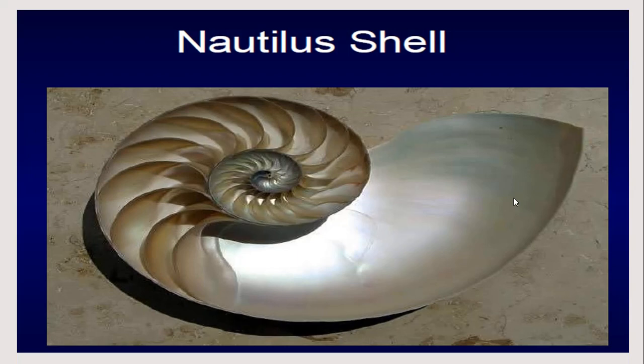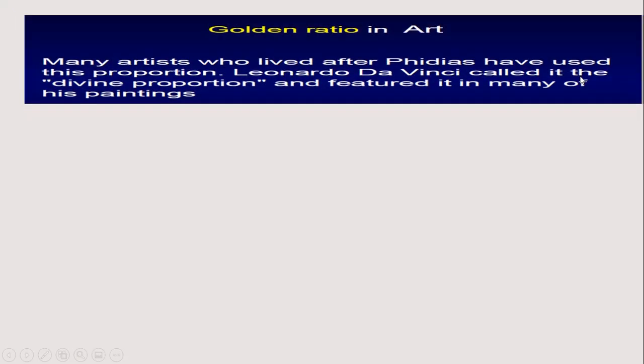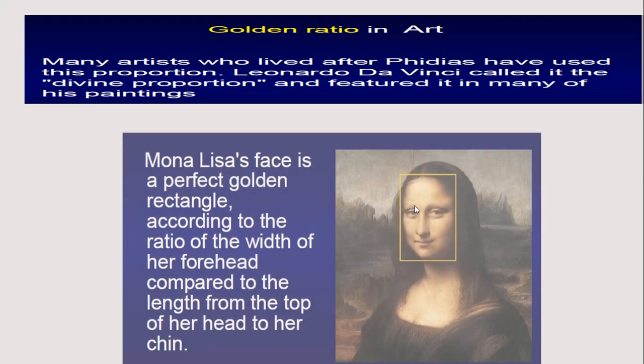Okay, so now let us see the golden ratio in nature as it happens. We have an example, the Nautilus shell. It shows the golden ratio, of course, with the golden spiral. Okay, so the golden ratio in art also. Many artists who lived after Phidias have used this proportion. Leonardo da Vinci called it the divine proportion and featured it in many of his paintings.